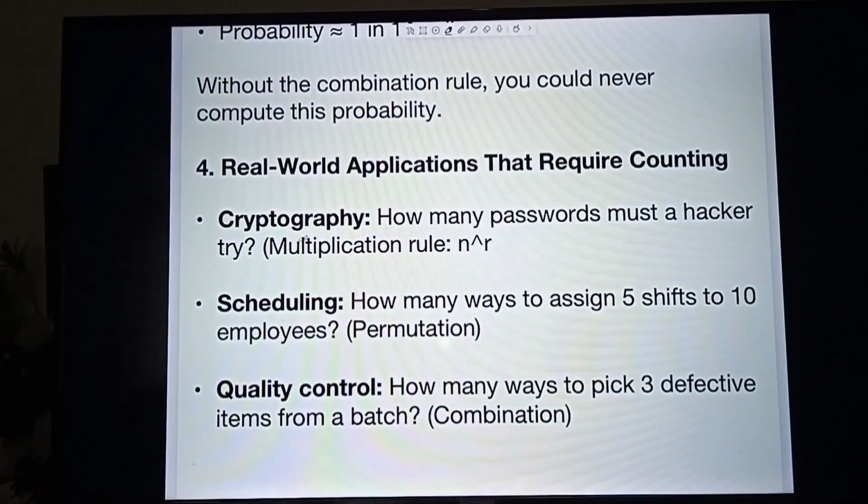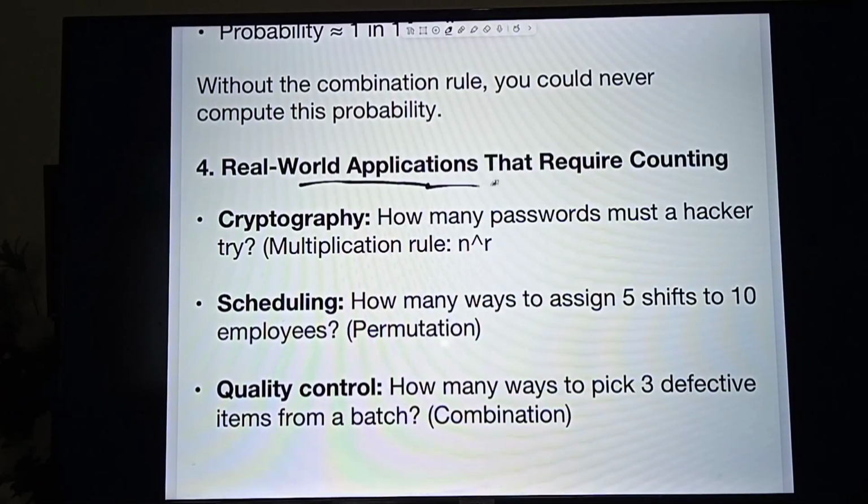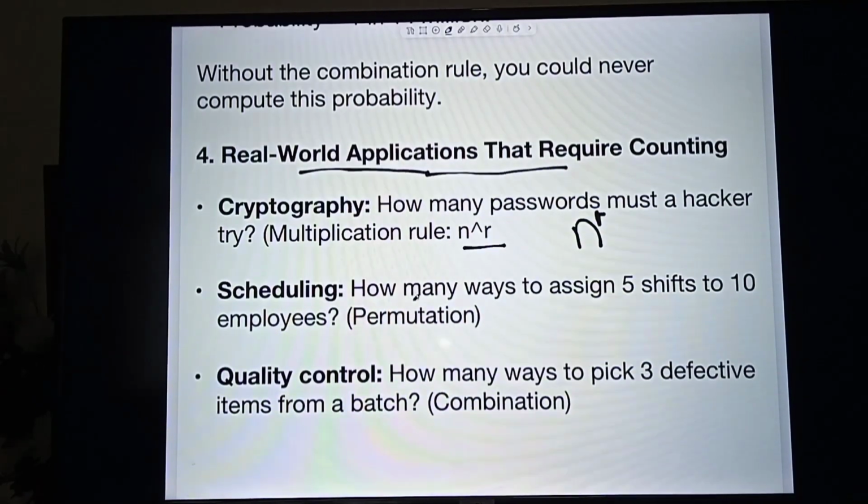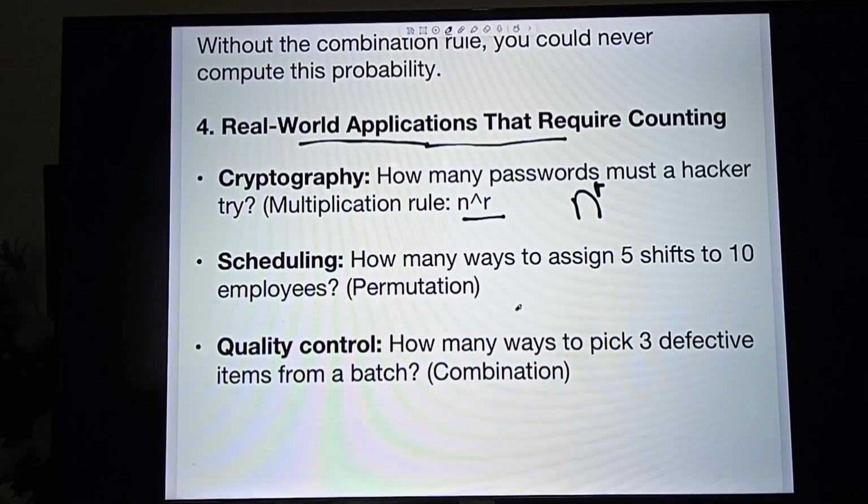So, real-world applications where counting is required: one is cryptography. We can assess how many passwords a hacker must try. You can use the n to the power r formula. Similarly, scheduling: how many ways to assign 5 shifts to 10 employees?